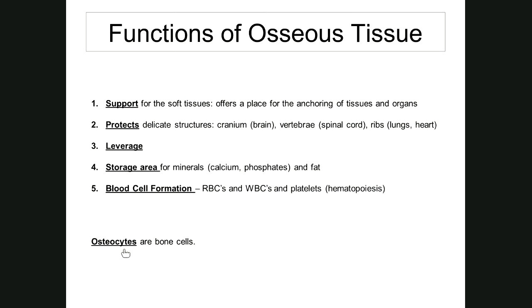As you get older, the fibroblasts start breaking down or dying off, and you have less and less collagen fibers. That's why your grandparents are a lot softer than you are and a little bit more brittle than you are.